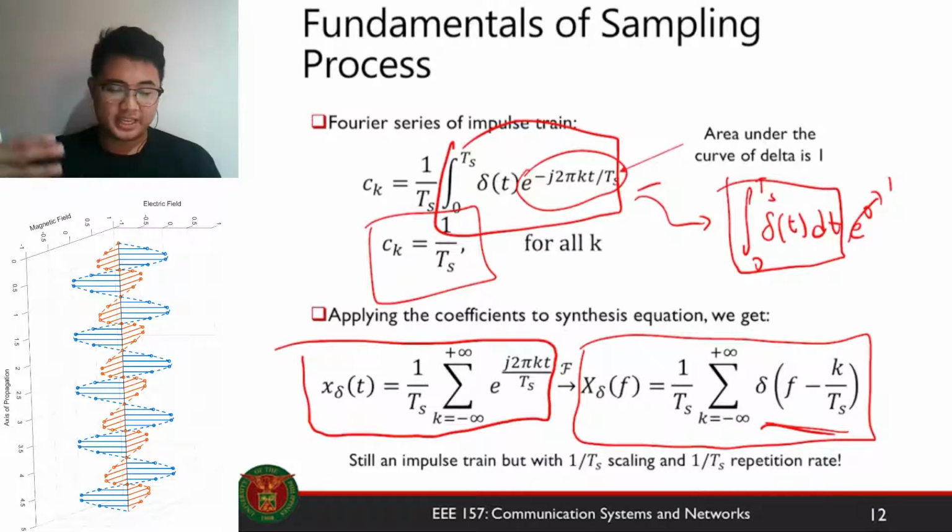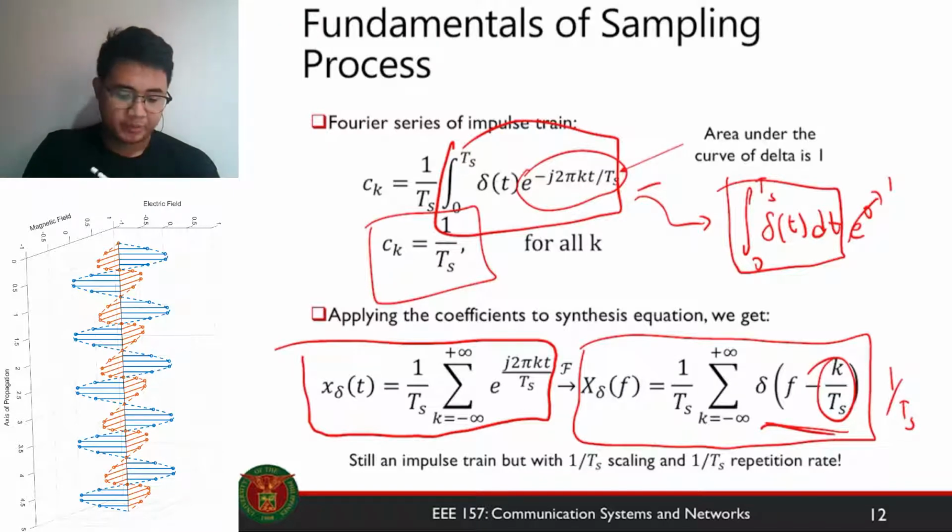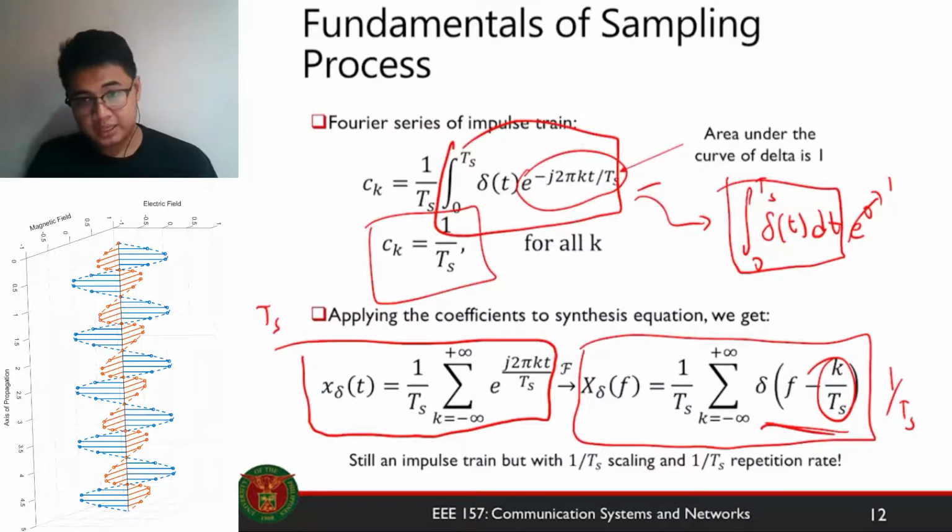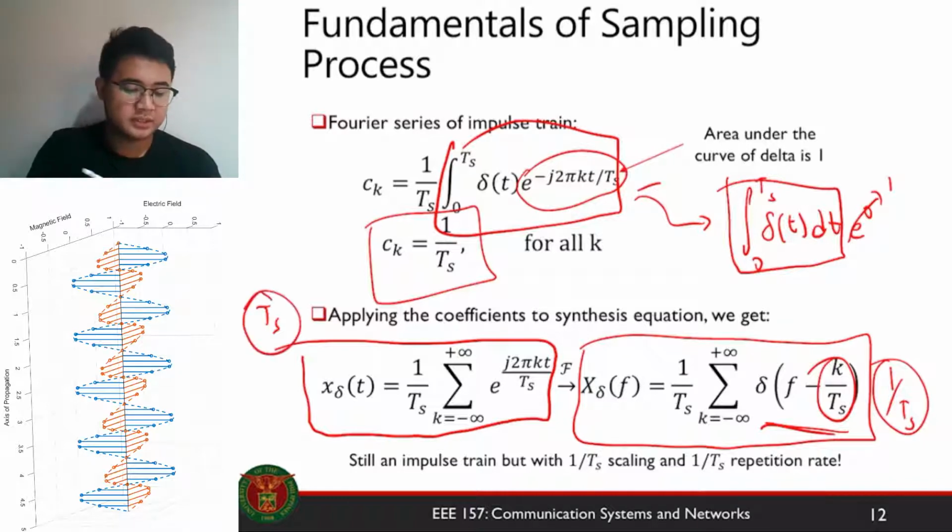We already have the Fourier transform of an impulse train. Quite simply, it's also an impulse train. The difference is that the spacing is 1 over ts. So your sampling signal, your impulse train in the time domain, is sampled every ts seconds. In the frequency domain, your impulse train has a repetition rate of 1 over ts, the reciprocal of ts right here.